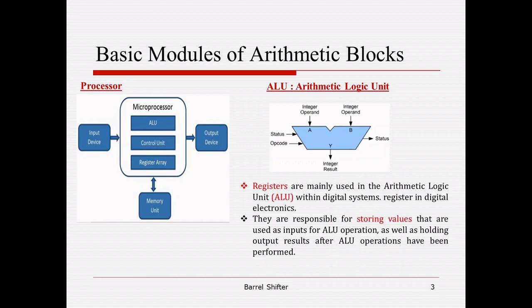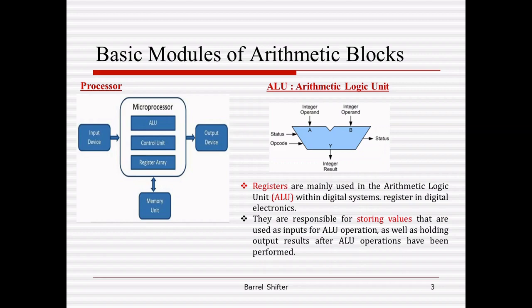We all know that the arithmetic logic unit is capable of both arithmetic operations as well as logical operations. For performing either a logical or arithmetic operation, we need to feed values to the arithmetic logic unit, probably in binary or hexadecimal. For storing that binary information, we need a temporary device. That temporary memory device, we call it a register.